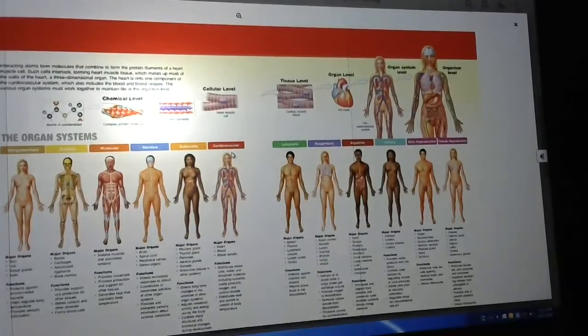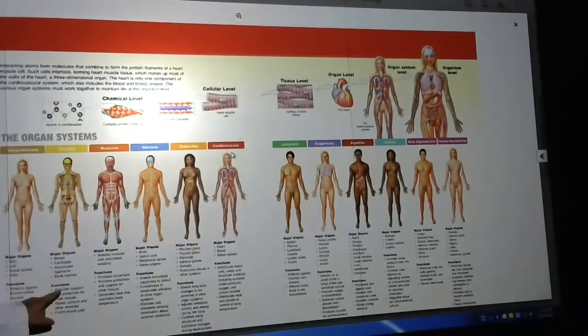Protects against environmental hazards, right? Keeps the good stuff in and the bad stuff out. Helps regulate body temperature, right? We sweat. Yeah, okay. Provides sensory information. Of course, everyone knows you can touch stuff and feel it. All right, next we have the skeletal system. Major organs: the bones, cartilages, associated ligaments, and bone marrow. Okay?